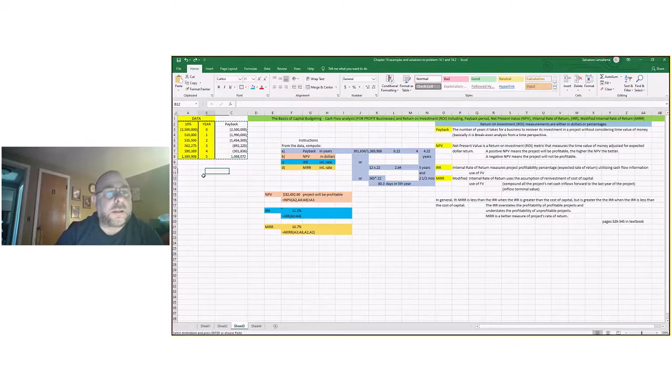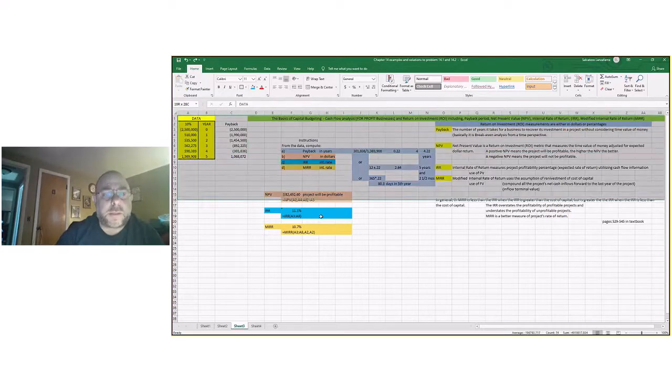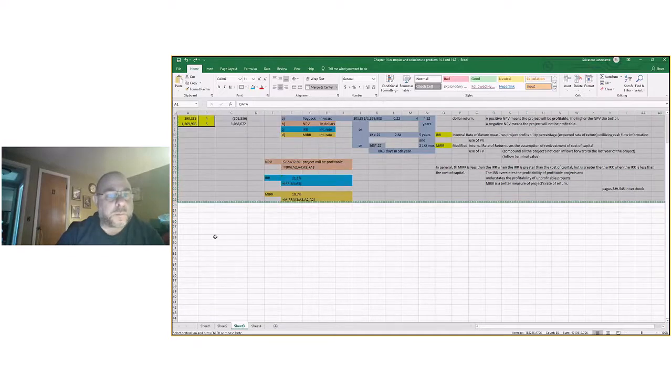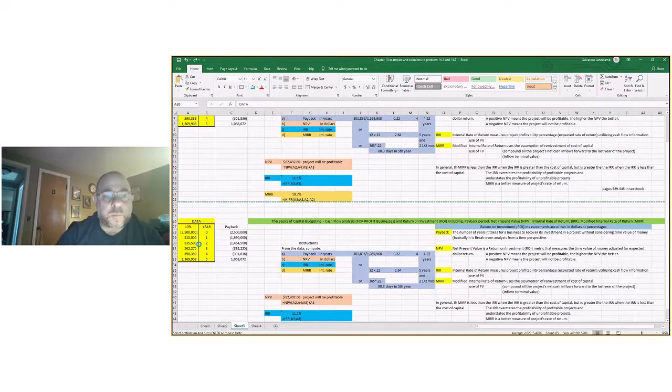Let's copy from here to here. And let's say I change the rate to 11%. So if I were to change it to 11%, what would you expect the payback to be?